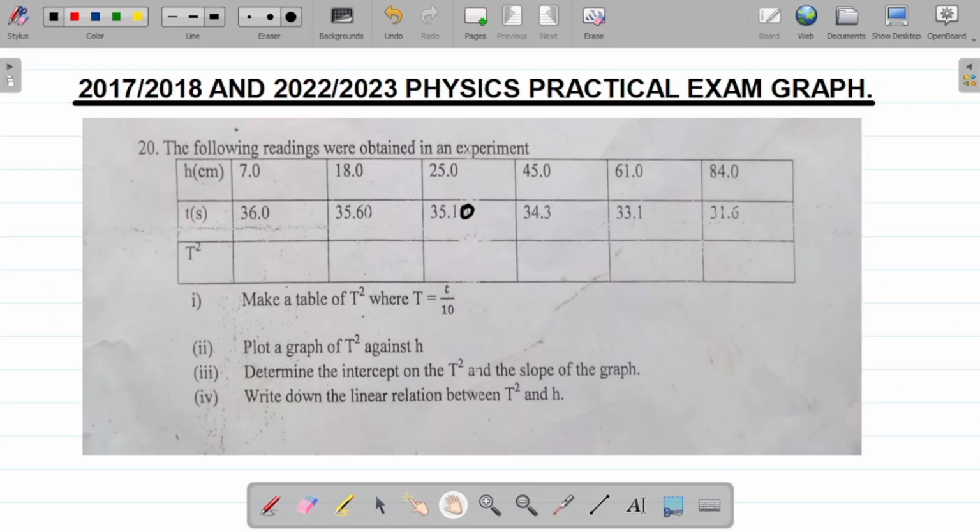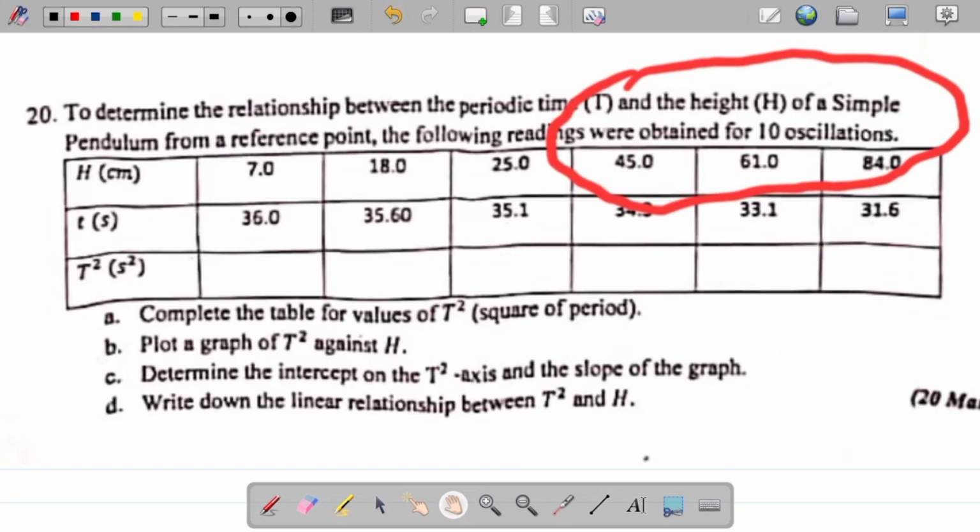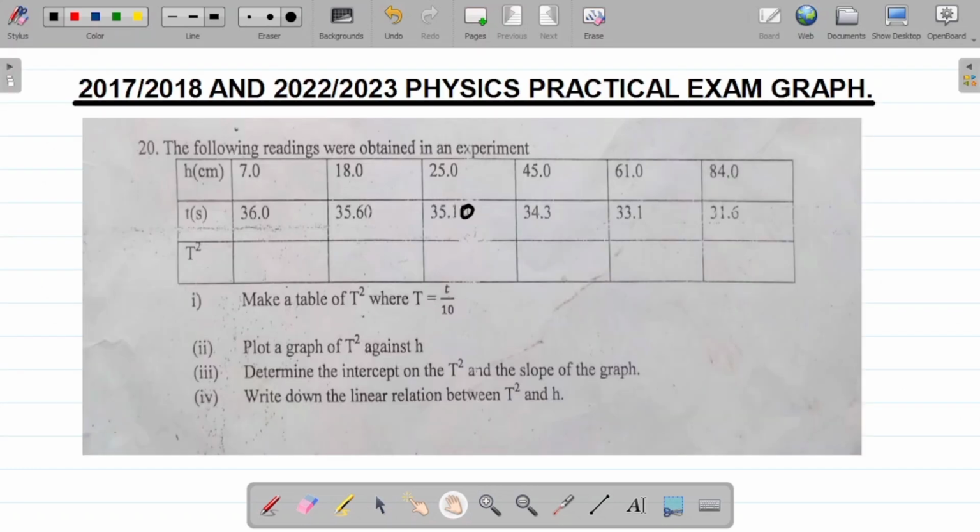In this year, 2022-2023, they just told you that you had 10 oscillations. They expect that you should know that to get the period T, divide this t here by the number of oscillations, which is 10.